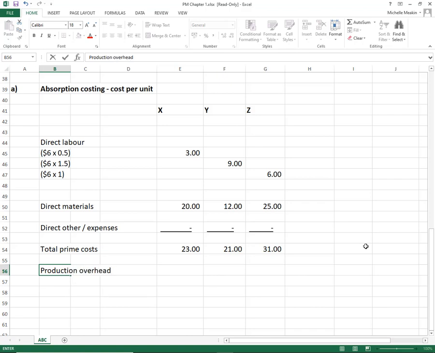And again, exactly the same as I did with my labour, I will take my absorption rate of $28, but this time I apply it based on the machine hours. In your cost card, X is 1.5 machine hours. Y uses 1 machine hour. And then finally, Z, $28 times 3 machine hours.